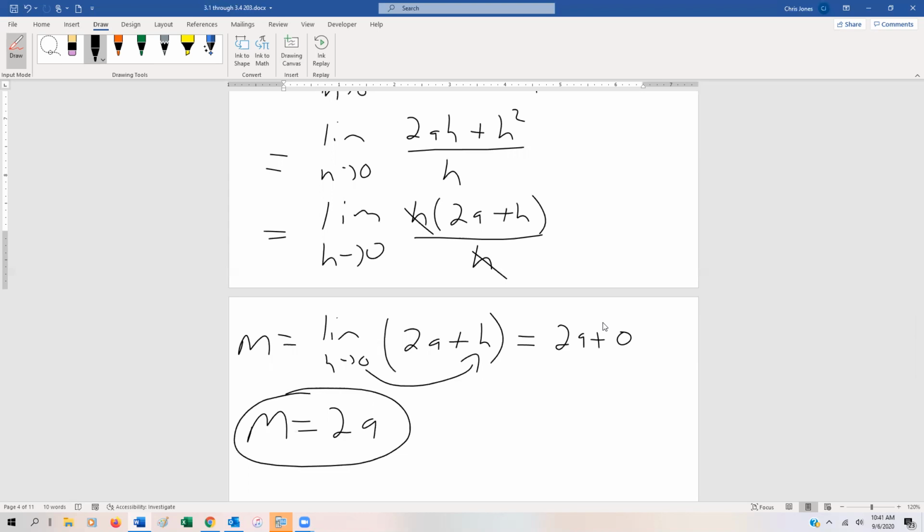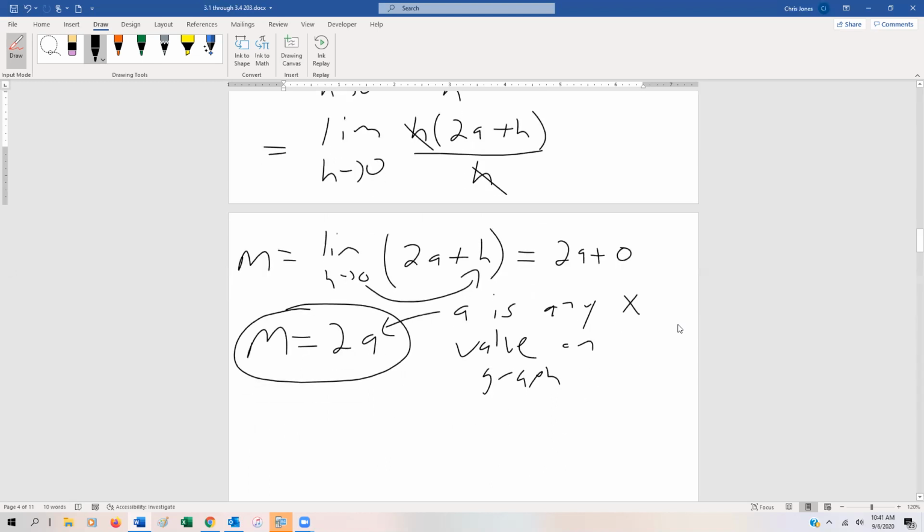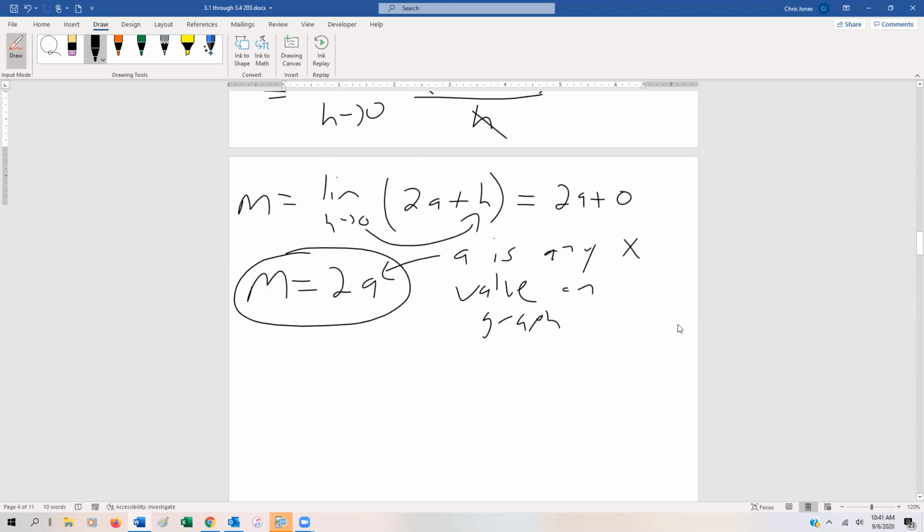All right, now what is a? Well, a is any x value on the parabola, or we'll just say on the function or on the graph. So if I wanted to find the slope at any point, I could just plug in that x value. And this is a higher level concept that we haven't seen yet.